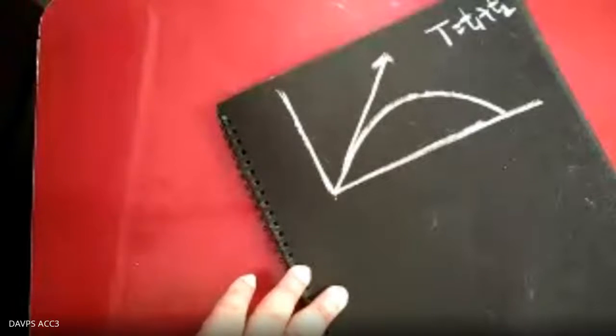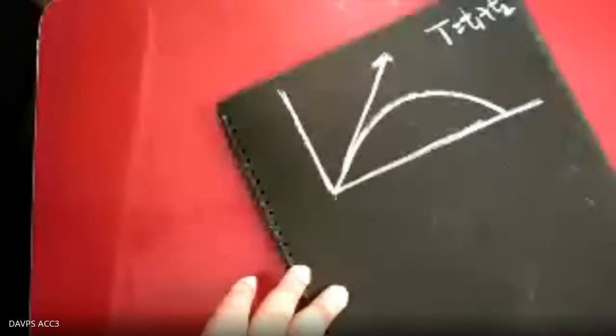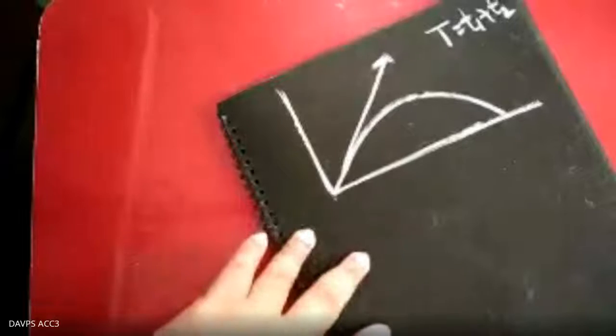Time is going to be over. The projectile attains the same height in two different times. So what does it mean? Sir, at two different times the projectile is at the same height.